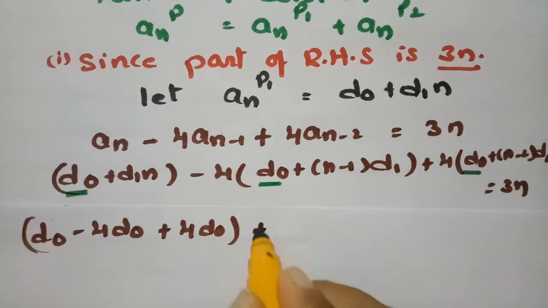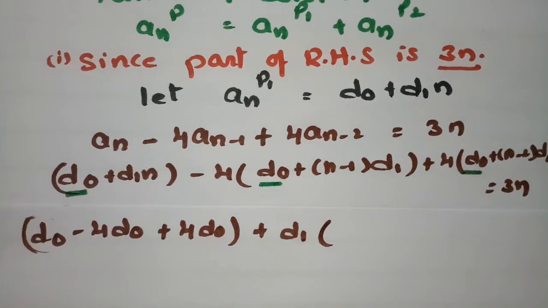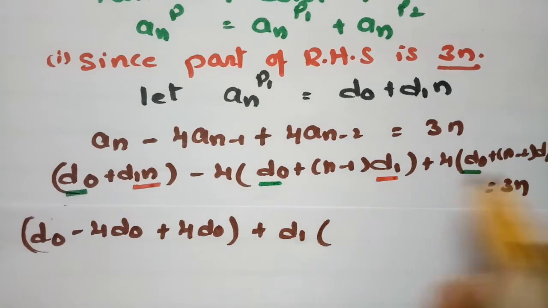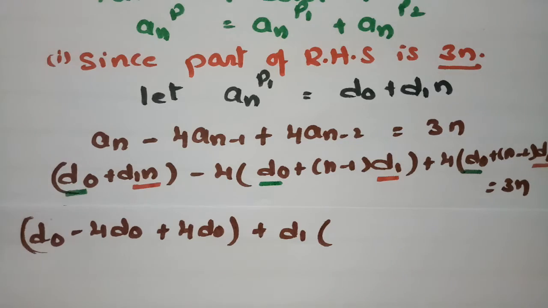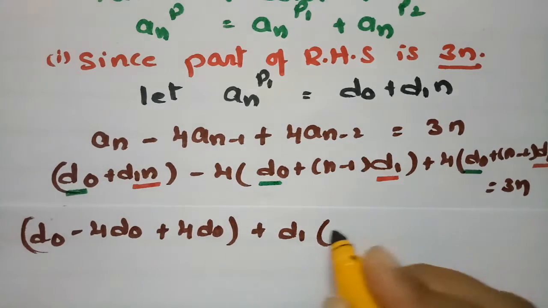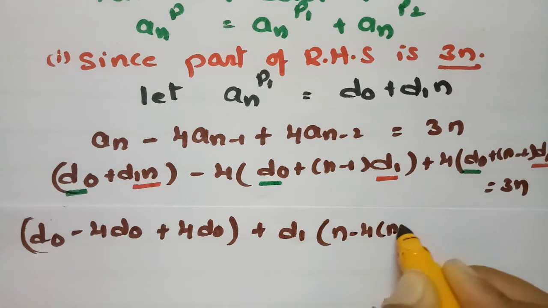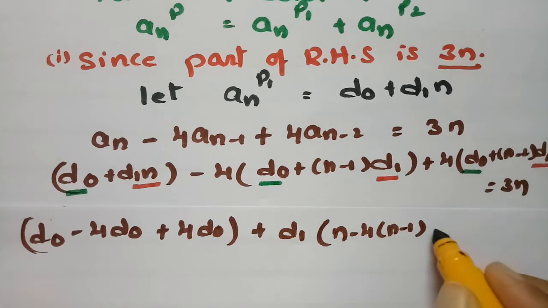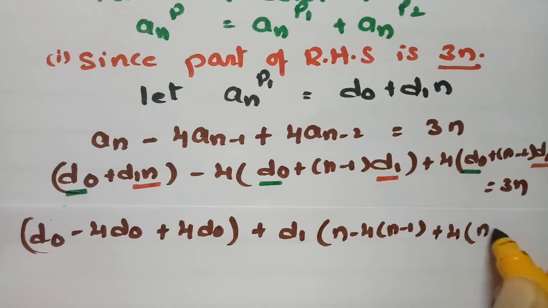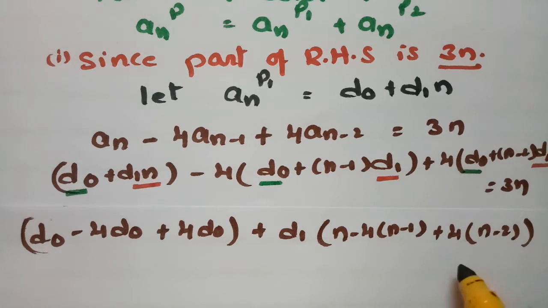Coming to d1, taking d1 common, the coefficients are n, minus 4 times (n - 1), and plus 4 times (n - 2), and this equals 3n.